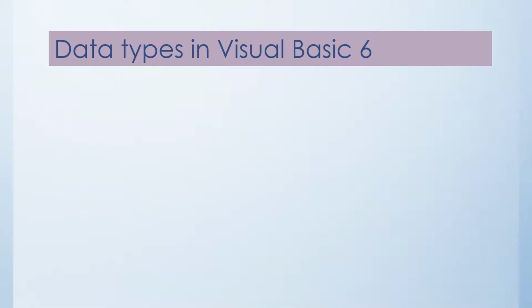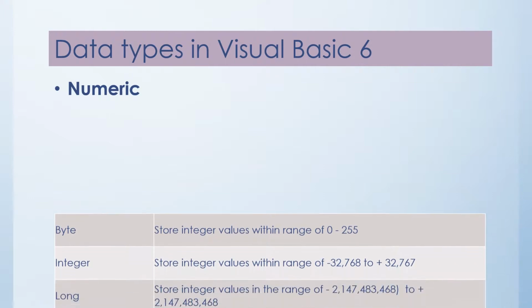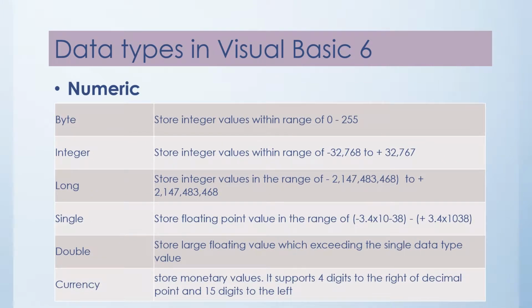First type is numeric. It includes byte, and it stores integer values within the range of 0 to 255. Integer. It stores integer values within the range of minus 32768 to plus 32767. Long.